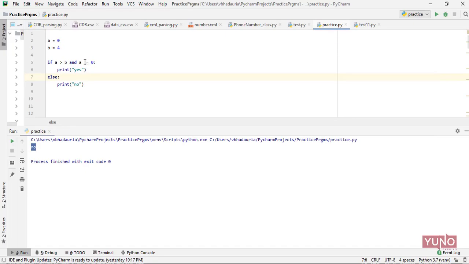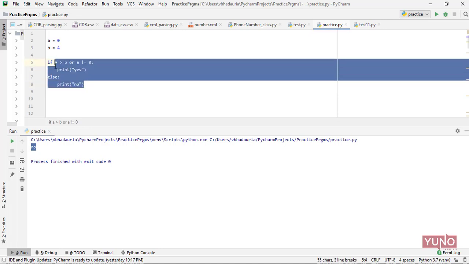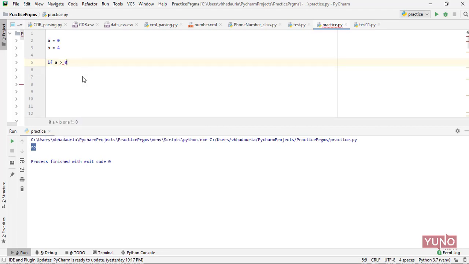Now in the or operator, suppose or. What will happen here is that any of the conditions should be true, then your answer should be true. For example, a is greater than 0 or b is greater than 0. If either of the numbers is positive, I am going to print my name.